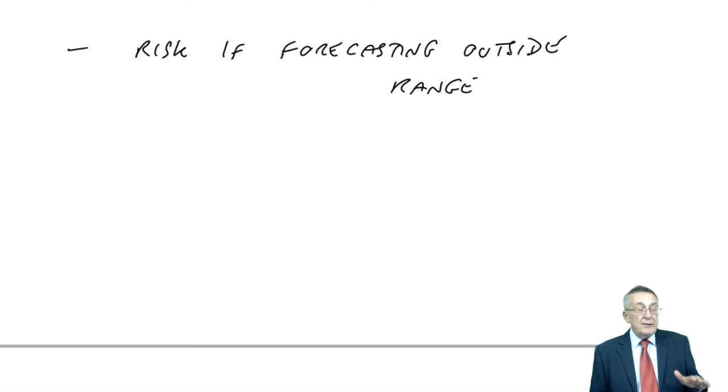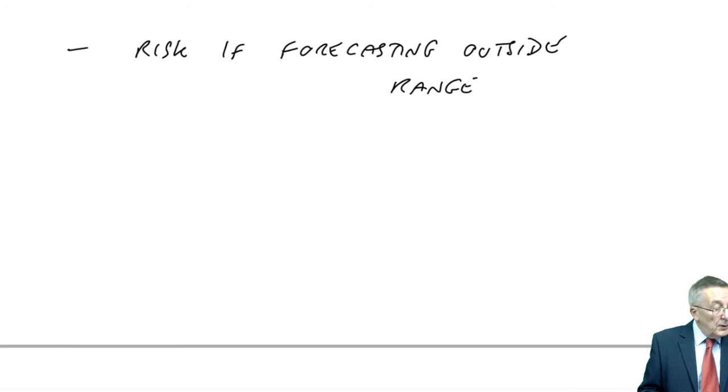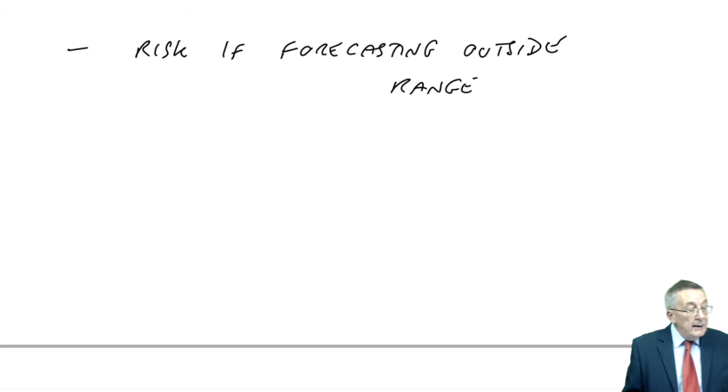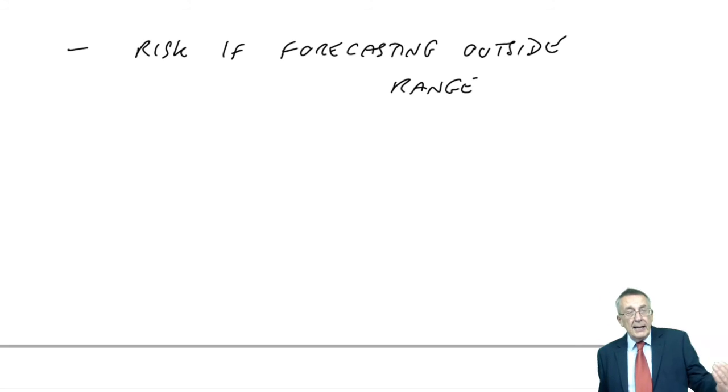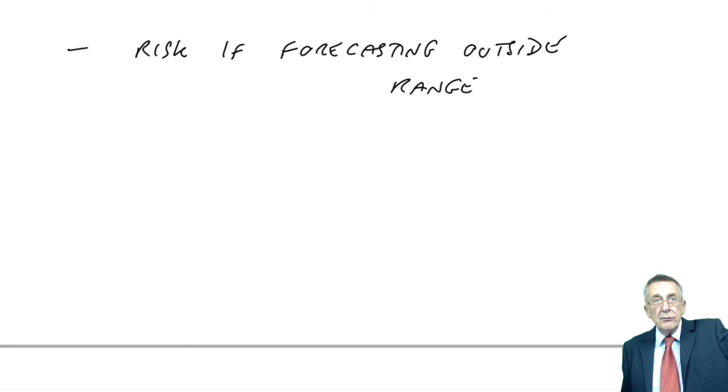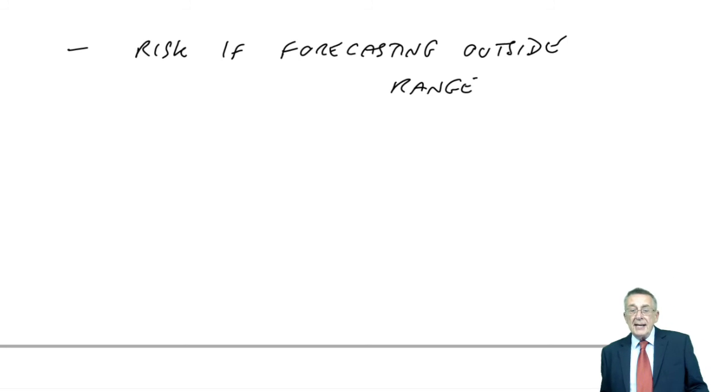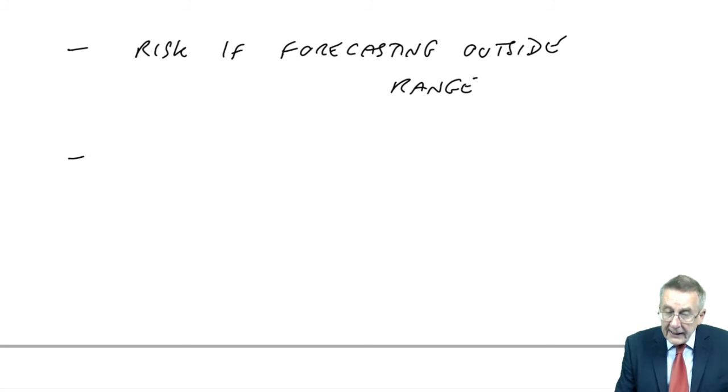Even if they're very linear over the range we've looked at, the highest here was 700 units. If you started forecasting for 1,500 units, just because it's linear for our observations doesn't mean it would carry on being linear outside the range. So there's a danger.